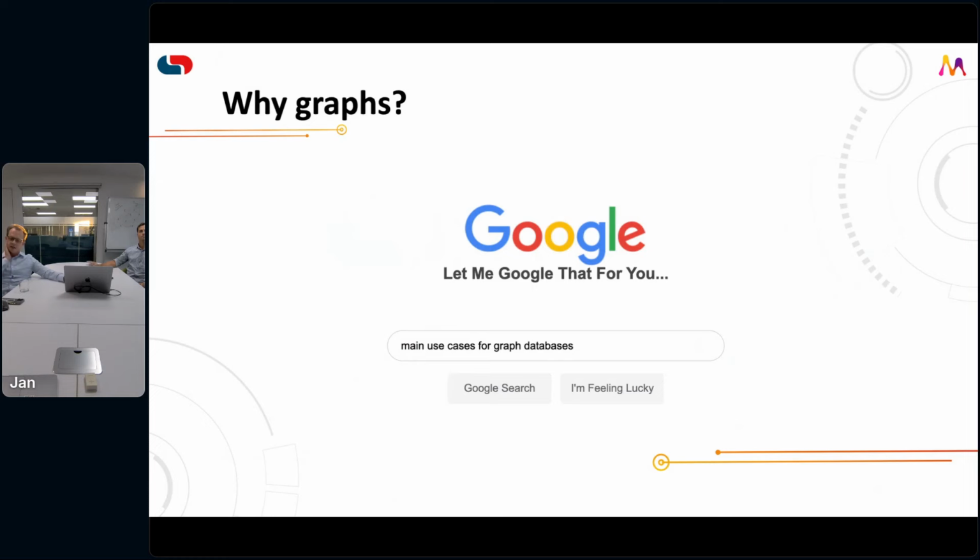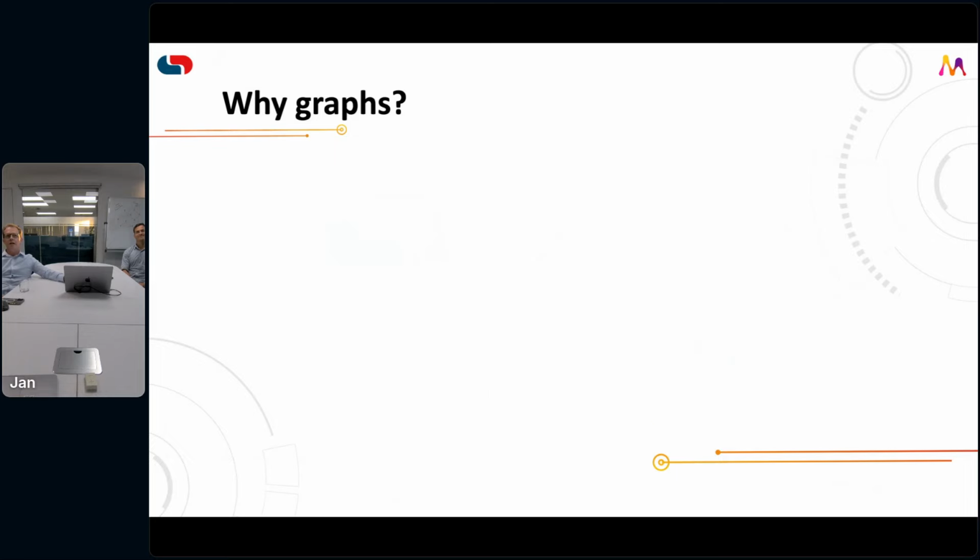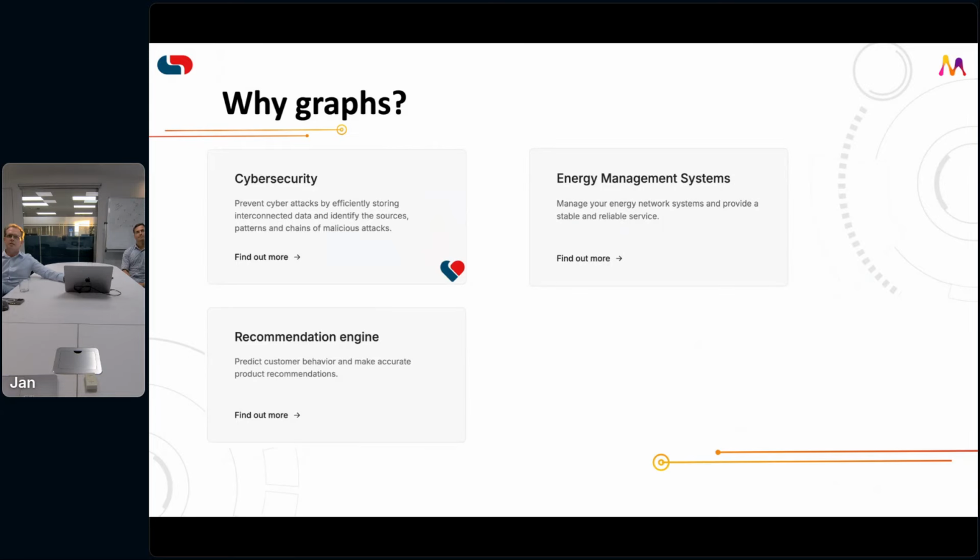So why graphs? First thing I did is I Googled main use cases for graph databases. And I think Marco said Jan was first, but maybe I was first. I found cybersecurity on their website, and I really love that because we also do cybersecurity in the bank. Energy management systems, that wasn't so interesting, so skip that.